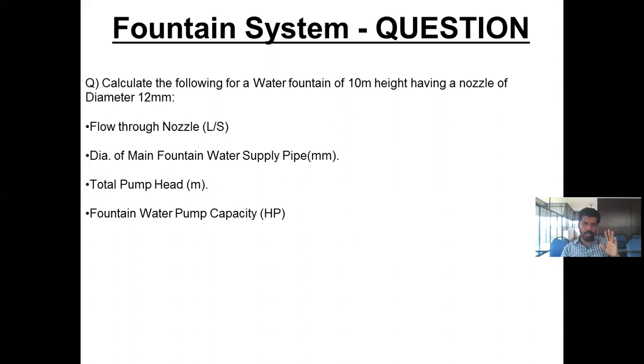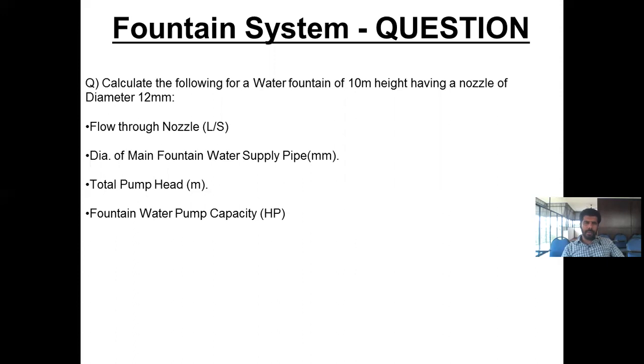First we have studied the fountain system and its types. The first one is a simple fountain unit using a submersible pump. Next, a fountain installation incorporating a dry mounted centrifugal pump. Third is a fountain installation with an open grounded reservoir. These are the main three fountain systems that we have studied.